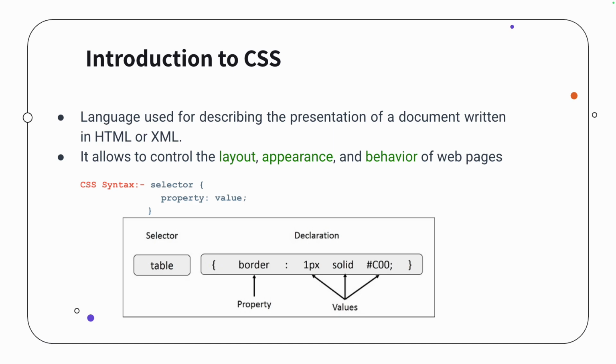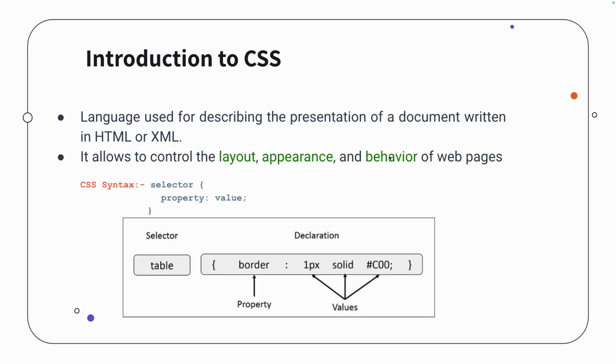We categorize it as layout, appearance, and behavior. Layout means in which form you are going to display your data, either row wise or column wise, or how you want to display things. Appearance means how it is going to appear.